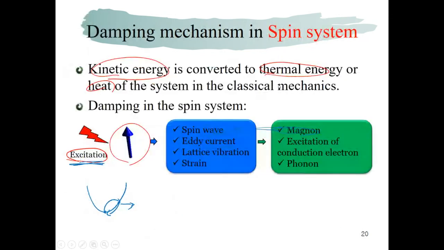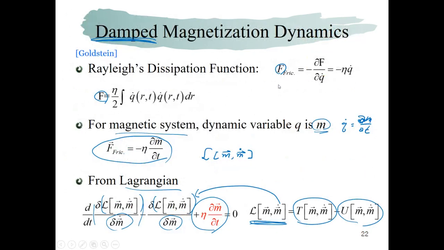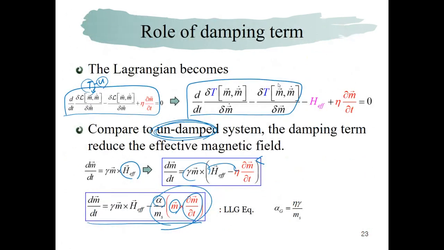I said the LLG equation can describe most of spin dynamics. I'm not 100% sure, but there are other equations. For example, in nuclear spin dynamics, people use different equations, and they have a slightly different form.